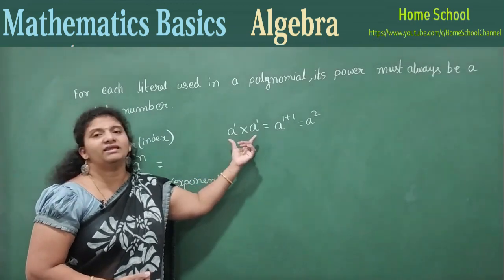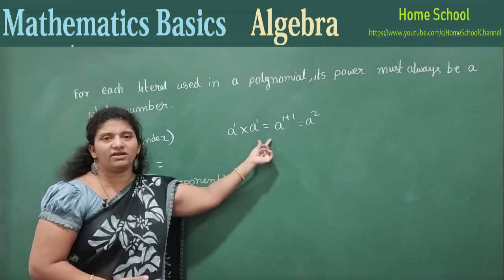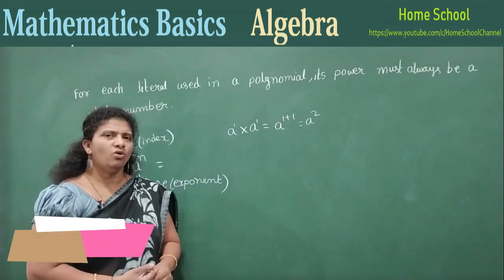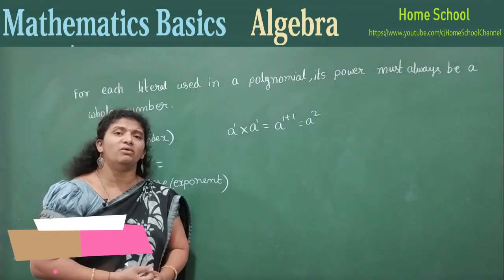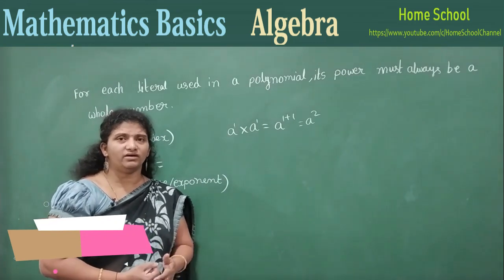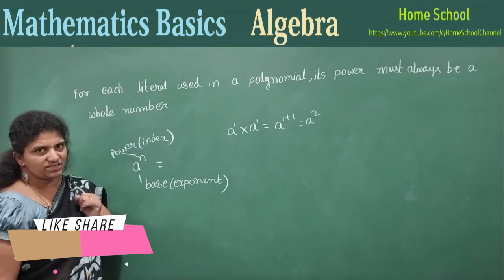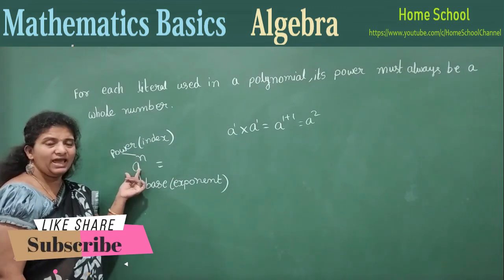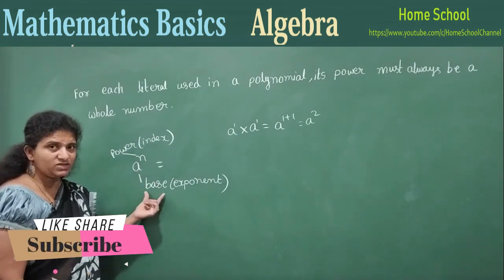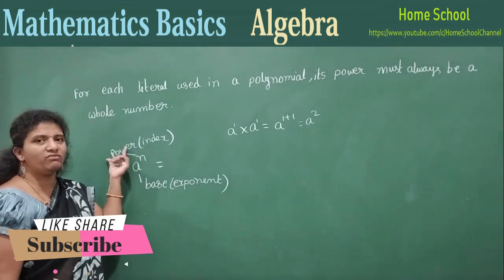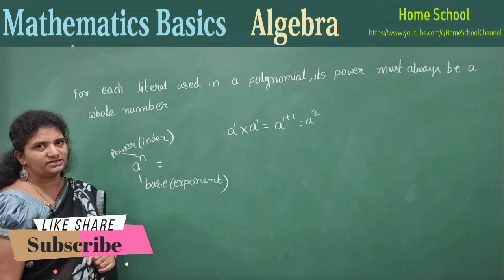Or you may apply the law a power m into a power n is equal to a power m plus n. So what am I talking about here? Power. What is that power? So let's look here. A power n, I am saying. What is this a? A is called the base or exponent and n is called the power or index.